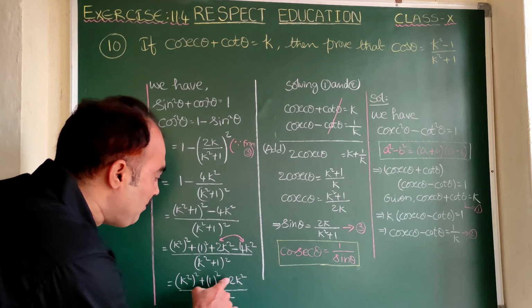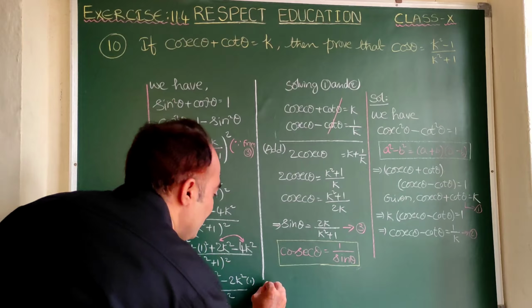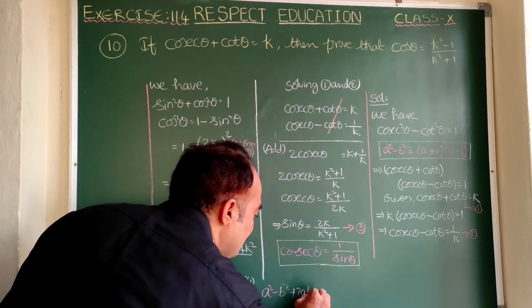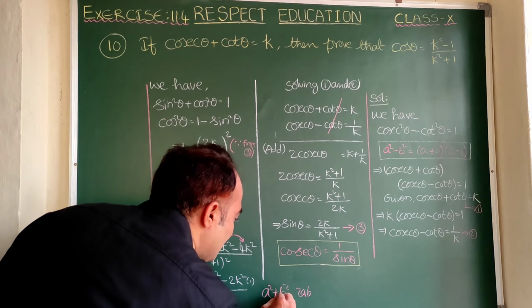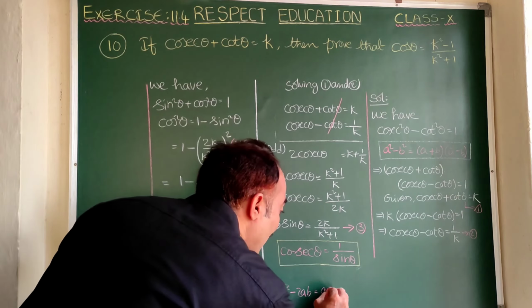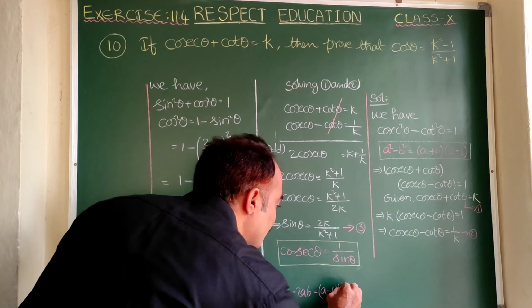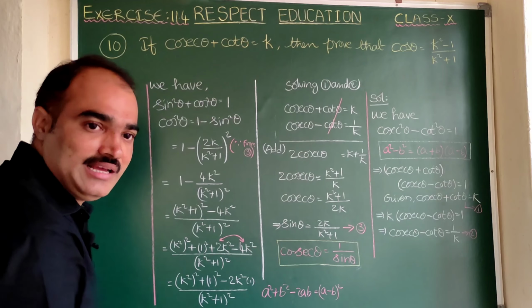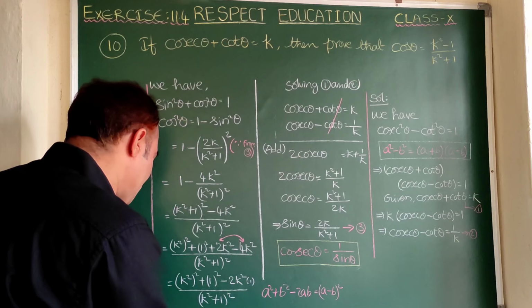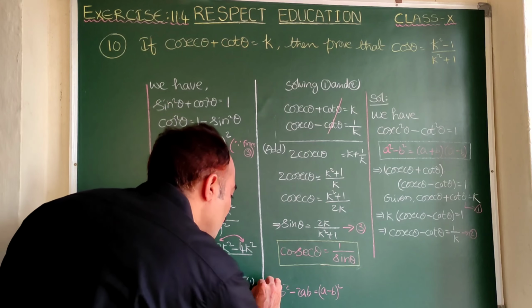To convert into the formula, a square plus b square minus 2ab, what is the formula? It is a minus b whole square. See, minus is there. Clear? What is the formula for a square plus b square minus 2ab? a minus b whole square. So we are going to use this formula.